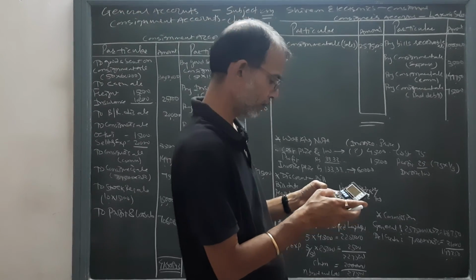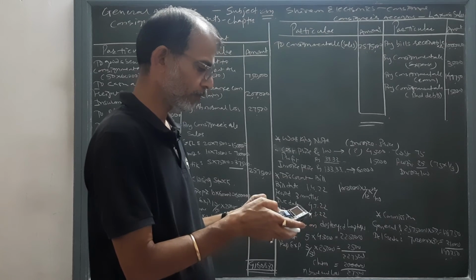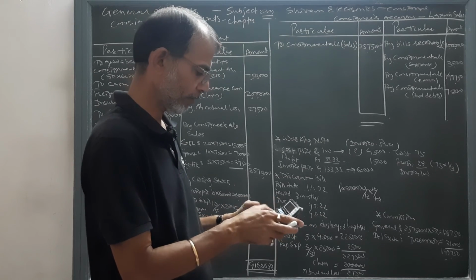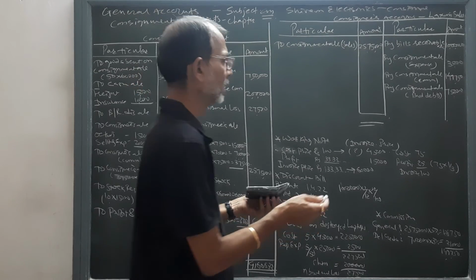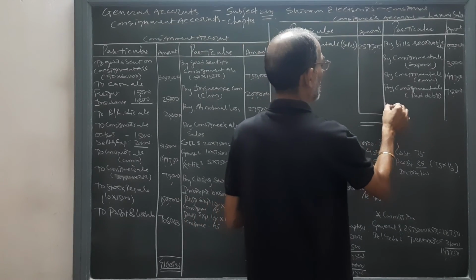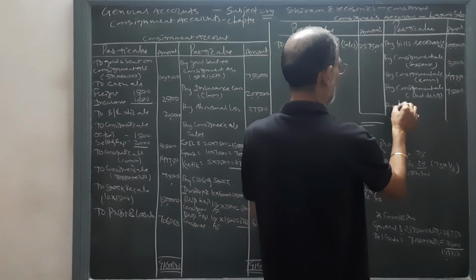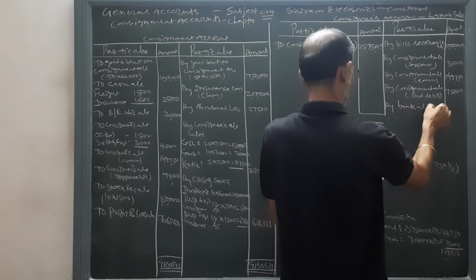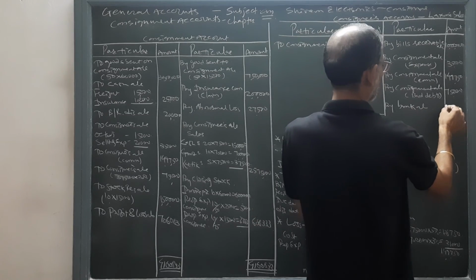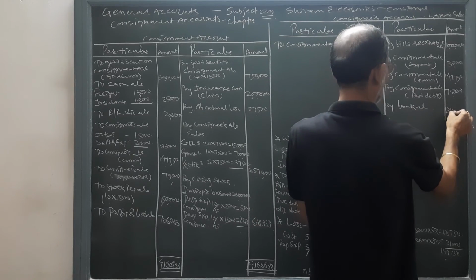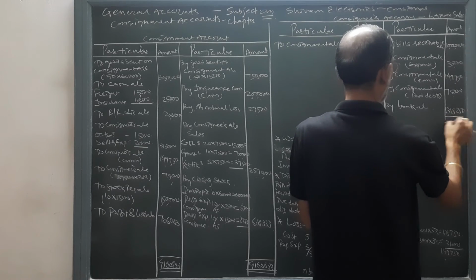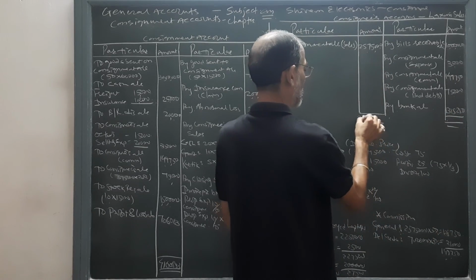His commission came to 1,49,750 and 75,000 of the bad debts will be subtracted by him. So by bank account 13,15,250.